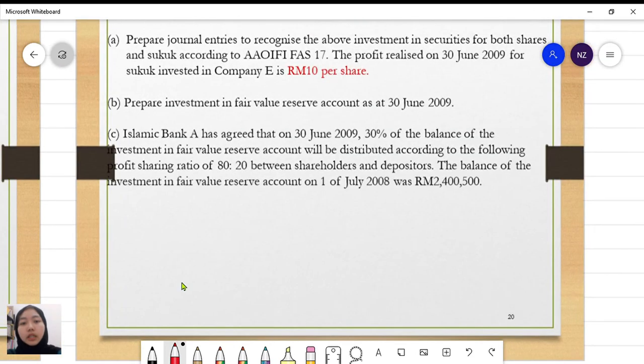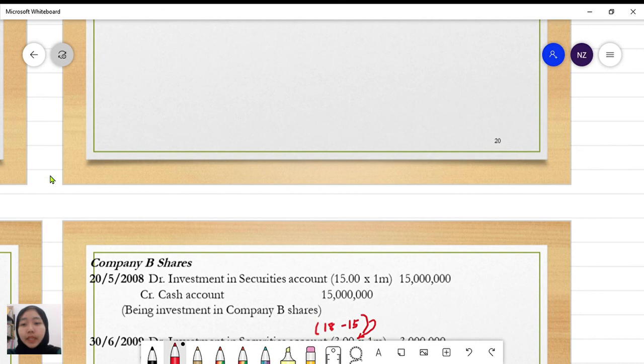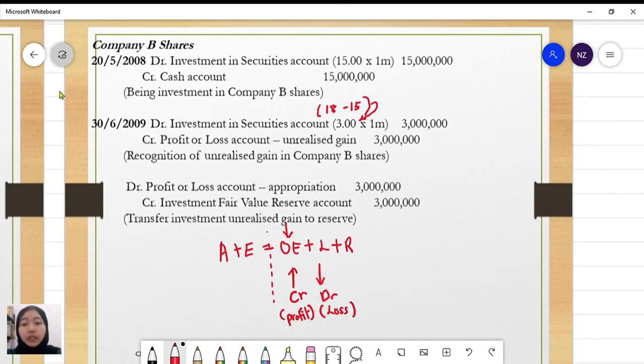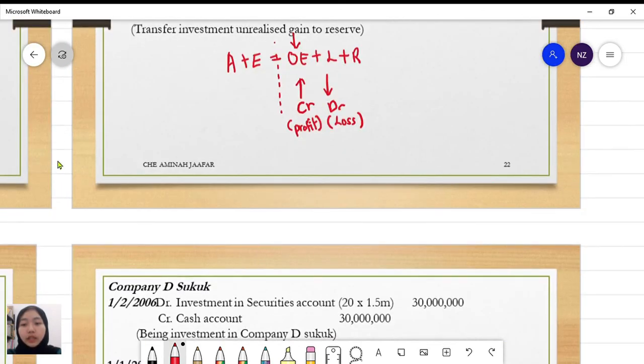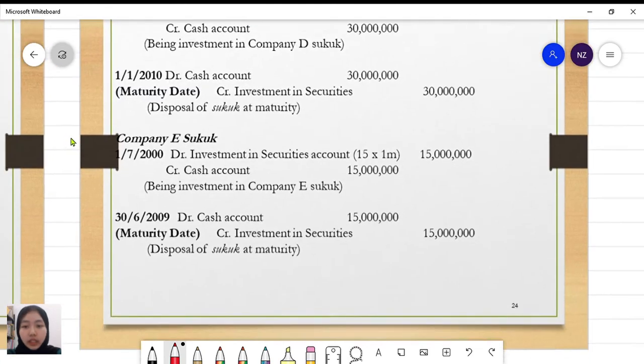This one says profit realized on 30 June 2009 for sukuk invested in company E is RM10 per share. It means company E's sukuk received profit, at which time its sukuk price was at RM10. That is why company D is not mentioned, so we do not need to record its profit. We just record for company E.